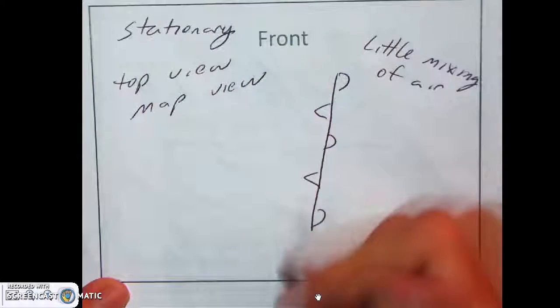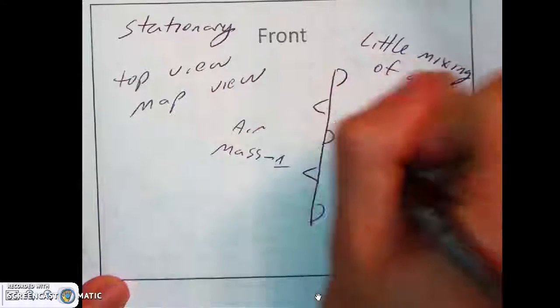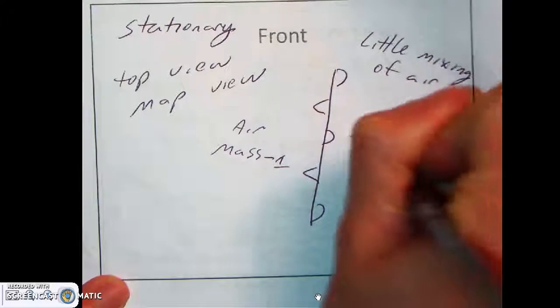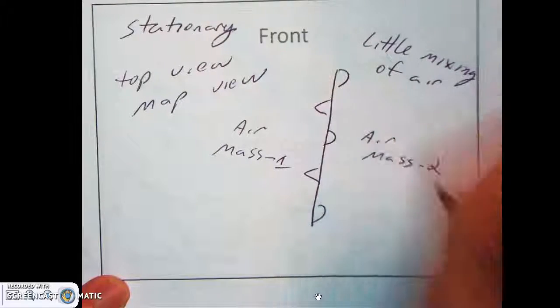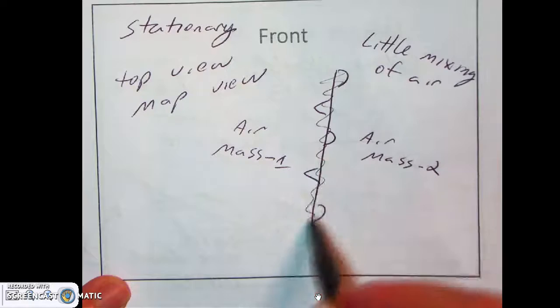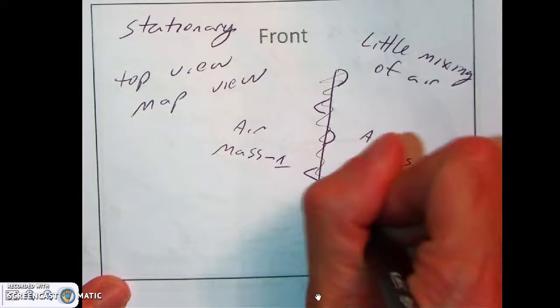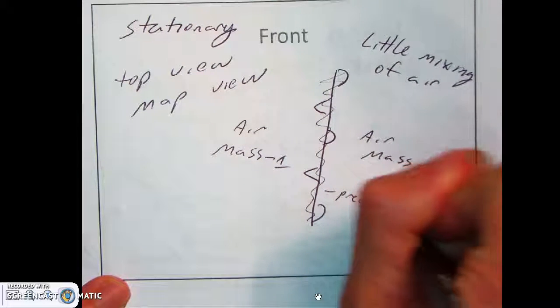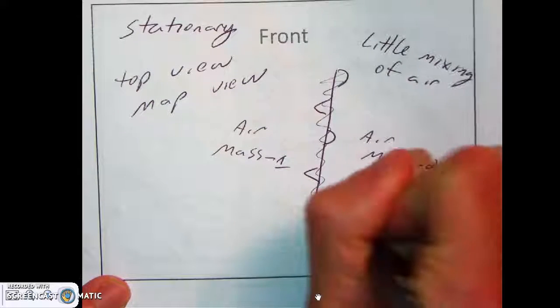We have one air mass on one side, and I'll label it air mass 1, and over here I'll label this air mass 2. And there's only a little bit of mixing right along the border, so we do get some precipitation at the front, but with little movement.